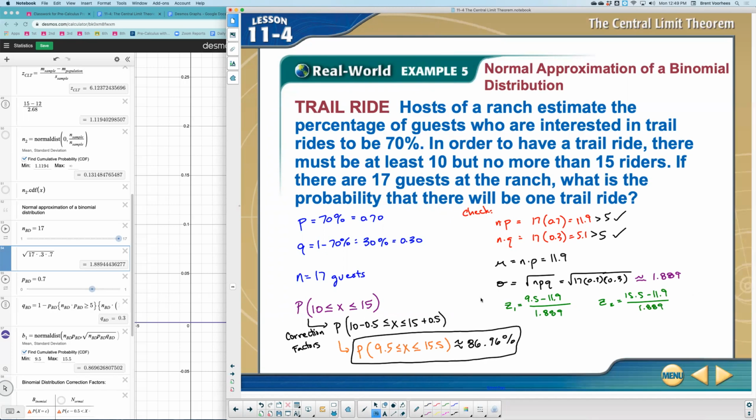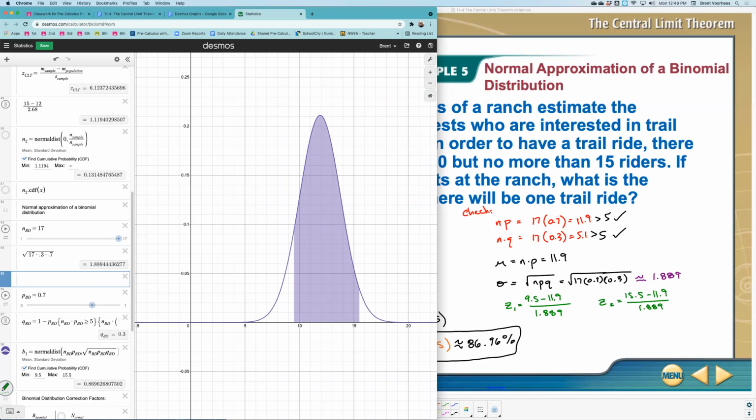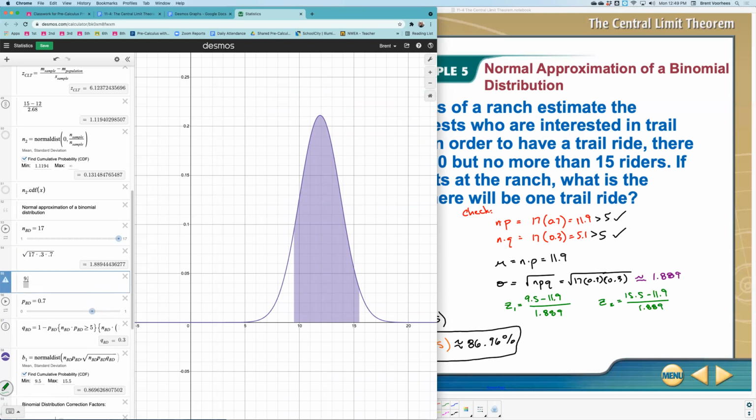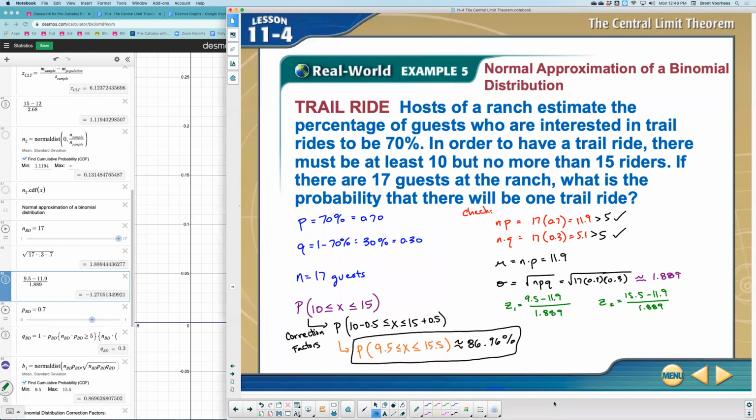And if you did those two things, you would be able to use just a standard normal when solving this. So 9.5 minus 11.9 over 1.889 is a z value of negative 1.27. Some people call this a z-score.